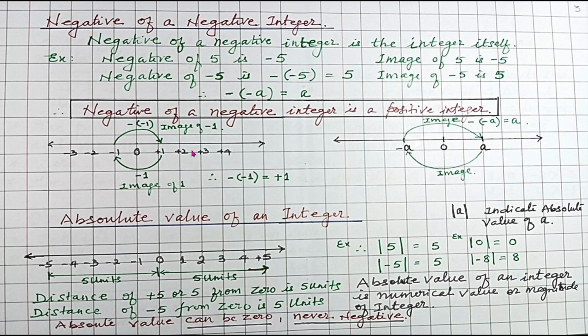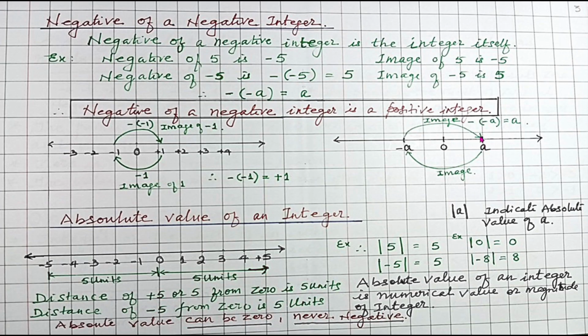Now let us understand this with the help of a number line. +1 is a positive integer, the image of this is -1, and -1 is a negative integer, the image of this is +1. Therefore minus of -1 is +1, and minus of +1 is -1. So please remember that, and this is the generalization here.